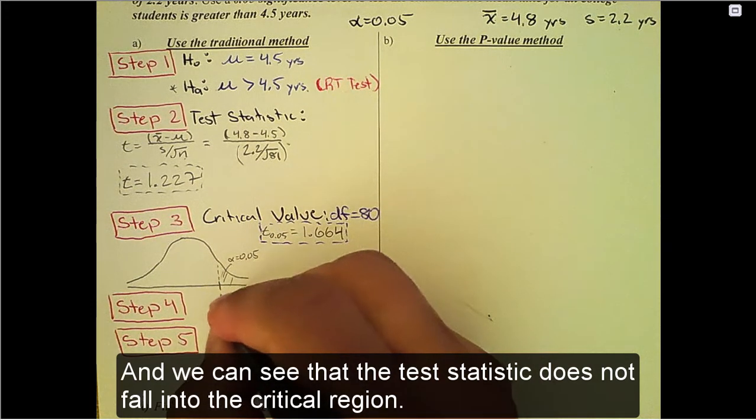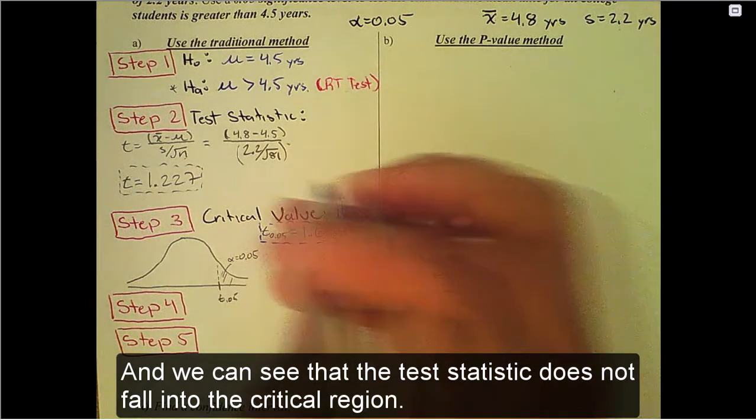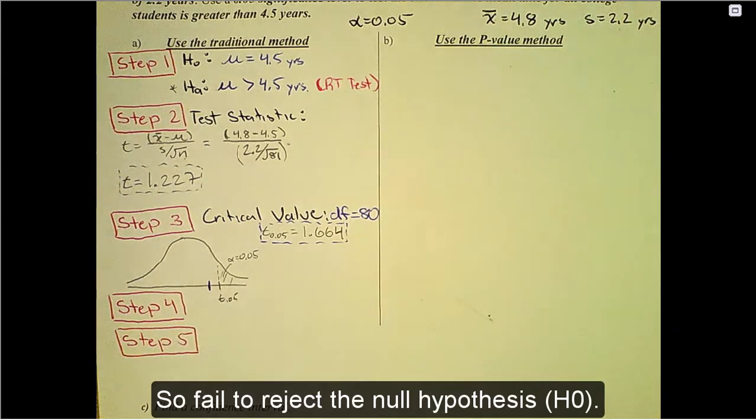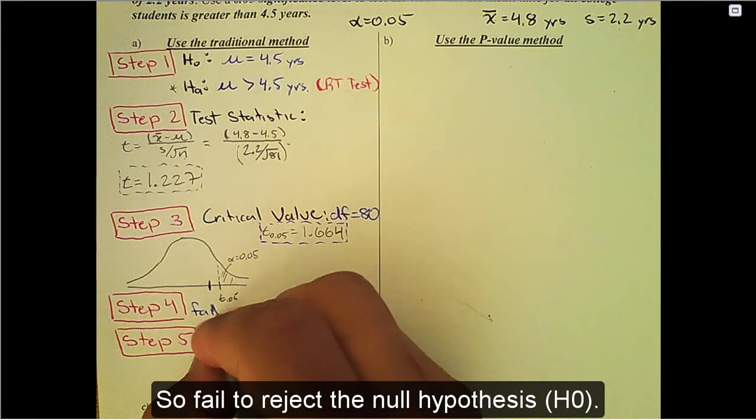And we can see that the test statistic does not fall into the critical region. So fail to reject the null hypothesis H0.